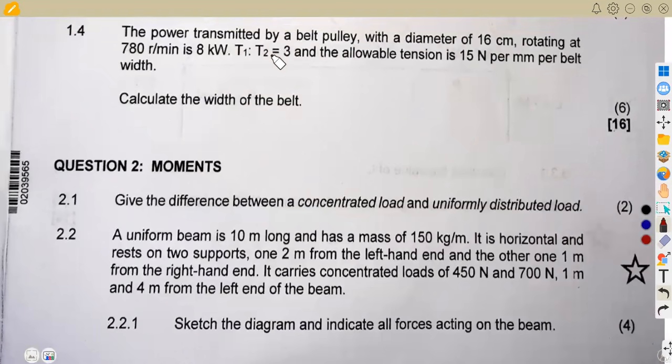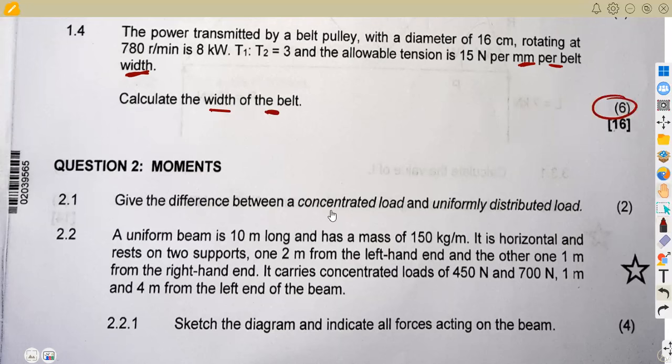T1 as to T2, which is the ratio, is 3. And the allowable tension is 15 Newton per millimeter of belt width. It is calculated per belt width. Calculate the width of the belt. All right, 6 marks for that.